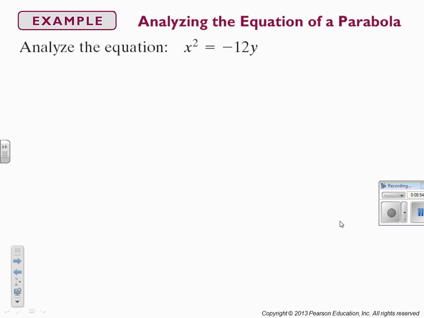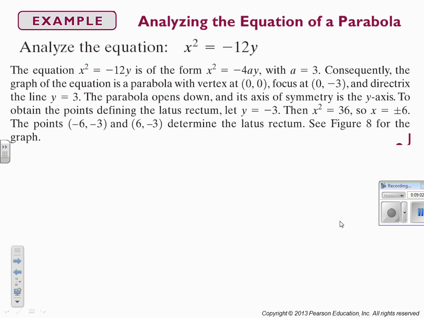Alright, so we're going to take a peek at this one right here: x squared equals negative 12y. The first thing we're going to do is compare it to the original equation, x squared equals negative 4ay. So we can see that a is equal to 3.